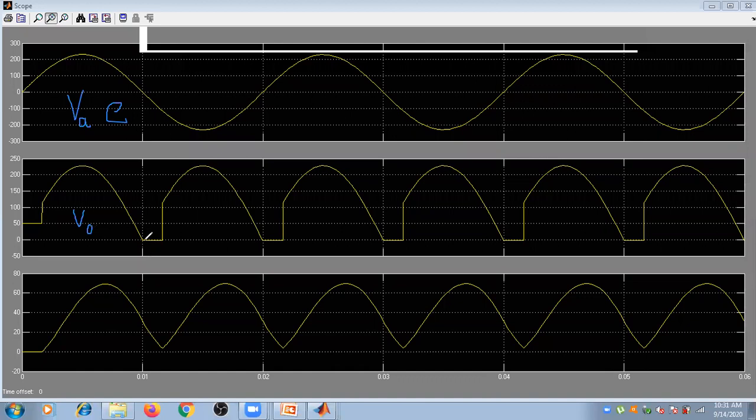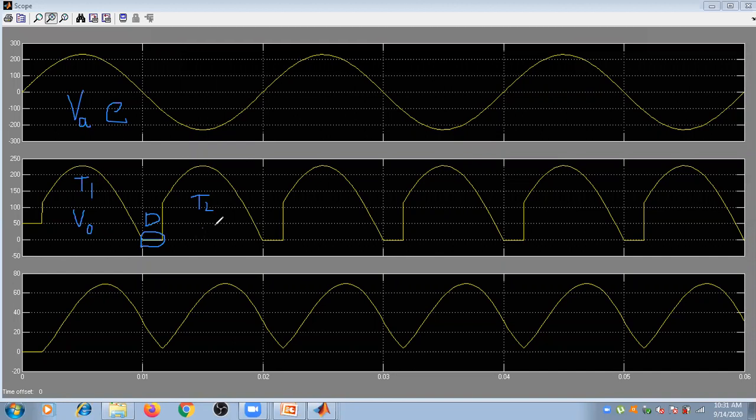So you can observe here, it comes to 0 at this point. Here the alpha is 30 degrees, so that is the reason why from 180 to 180 plus 30 it is at the 0 position, because in this position the freewheeling diode will conduct. This is the freewheeling conduction duration, and this is the thyristor T1 duration, and this region belongs to the thyristor T2 duration.